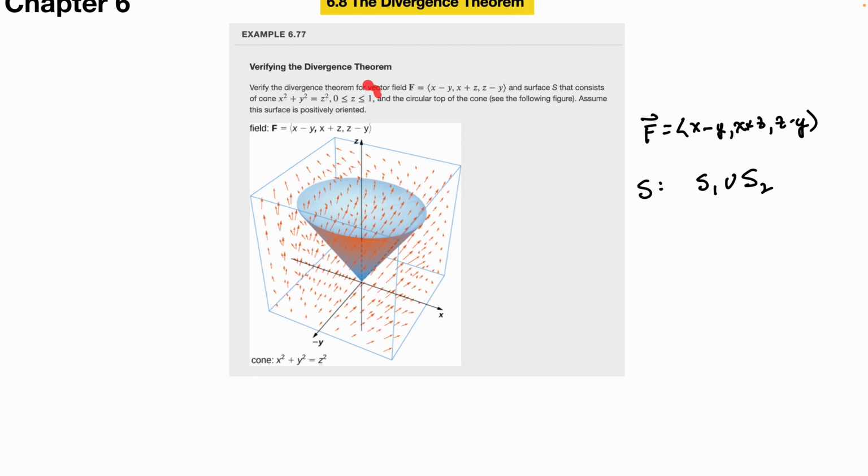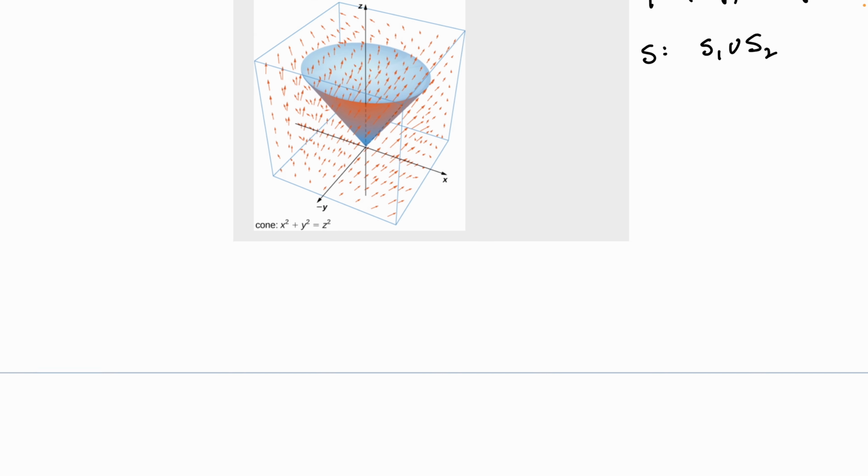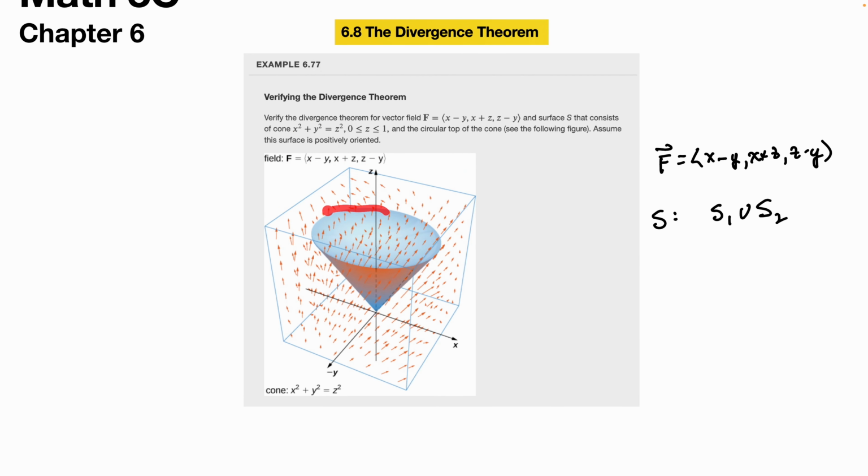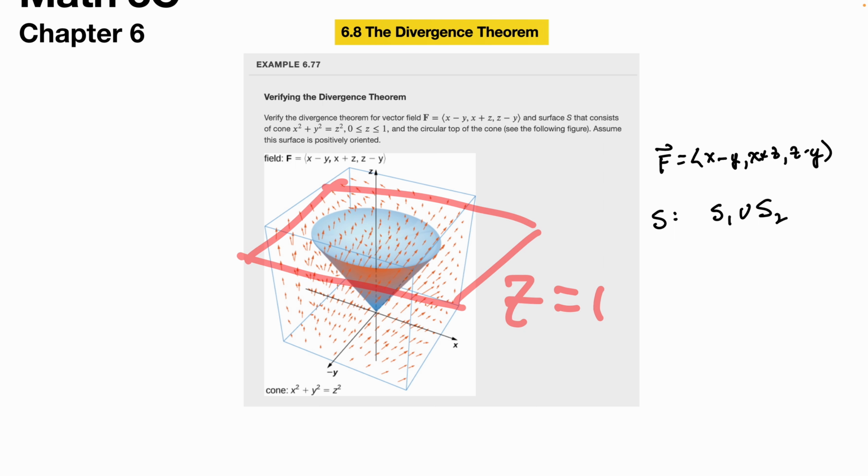They give us a restriction on z's. Z's are from 0 to 1, so the height of the cone is going to be 1, and the radius at the top of the cone is also going to be 1. Which means that our circle, S1, is a unit circle, everything inside of a unit circle, in the z equals 1 plane. So that's S1.